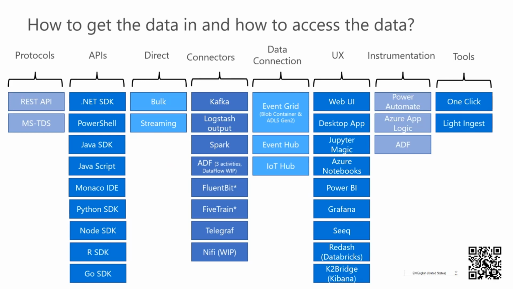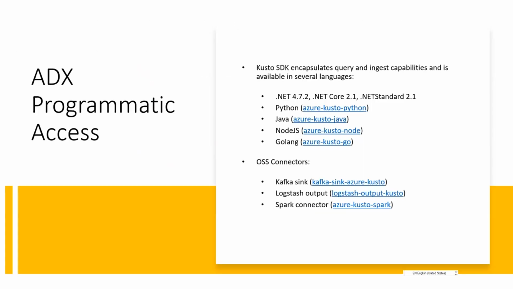Some of them are managed by the open source community. Some of them are managed by us. Definitely, you can reach out to us if you have any questions, or if you need any support or guidelines on how to start, or who is the one that manages those connectors. The managed pipelines, also to consume the data with one of our UX instruments or dashboard tools, and of course, there is also visualization.